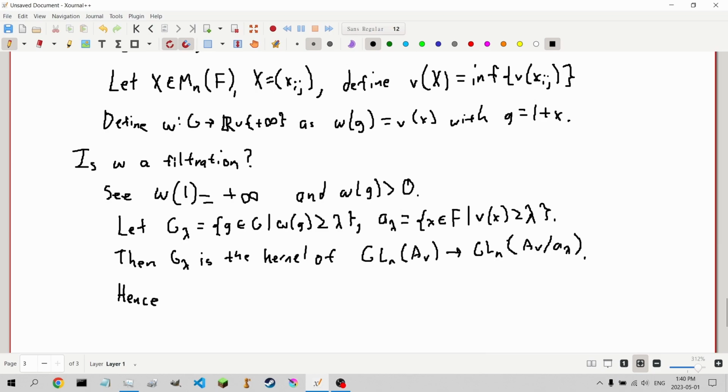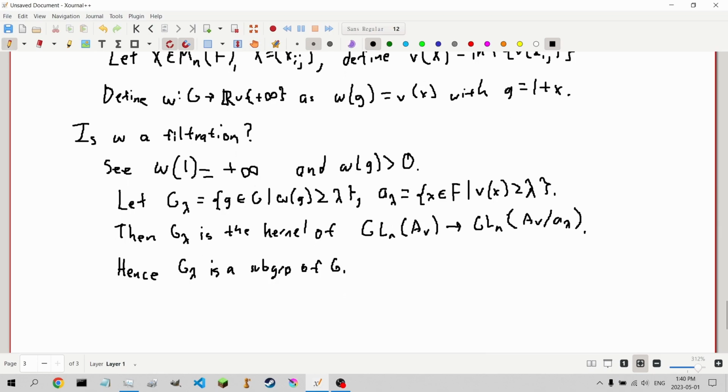Hence we have that G lambda is a subgroup of G. Now, and this is our third condition. Where were these conditions? Oh yeah, okay.